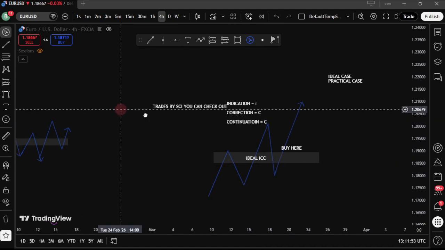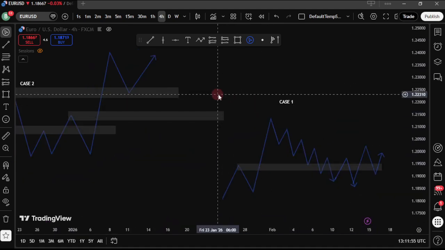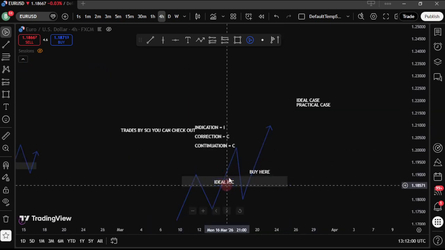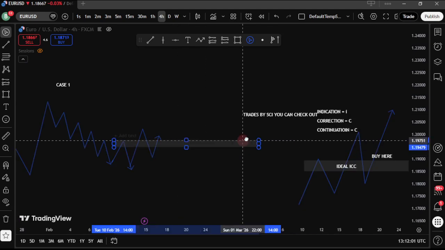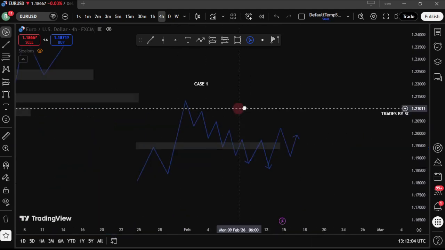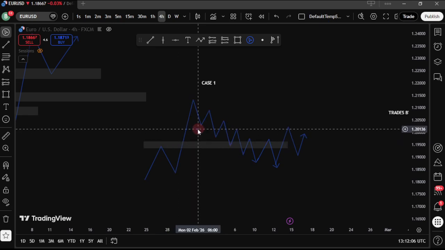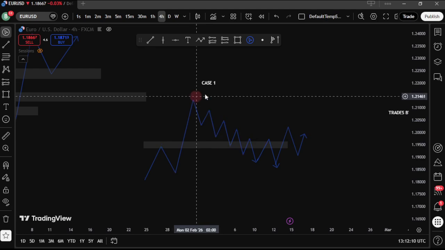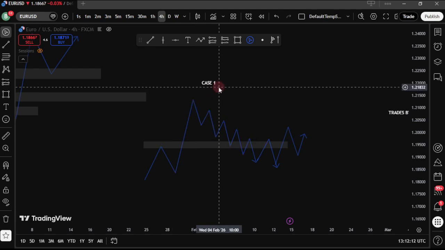People expect this to happen, but practically, like I said, this is the ideal situation, ideal ICC. Practical ICC, we get something funnier that needs experience to work with, or it needs understanding of market structure to work with. If you can't get that experience, if you can't get that market structure, you are going to harm yourself.